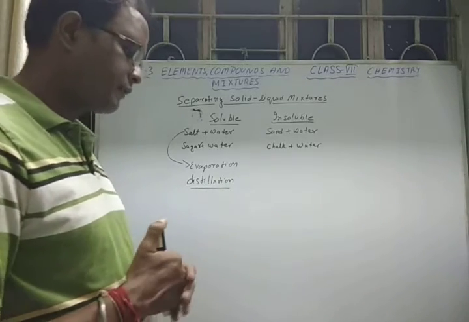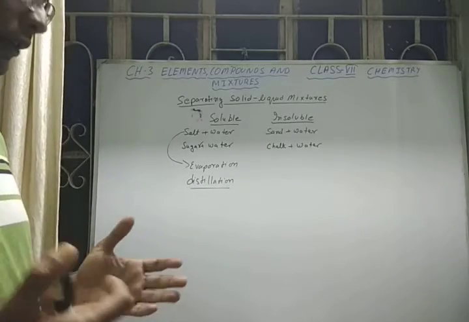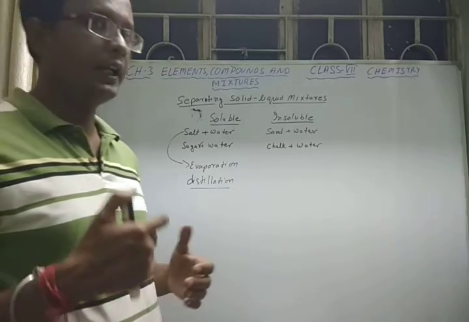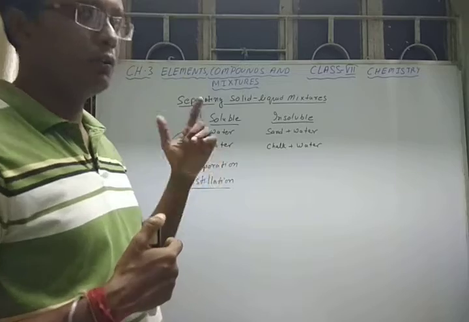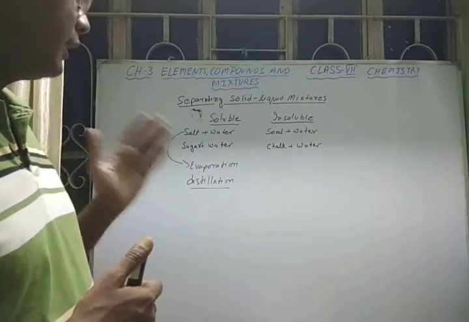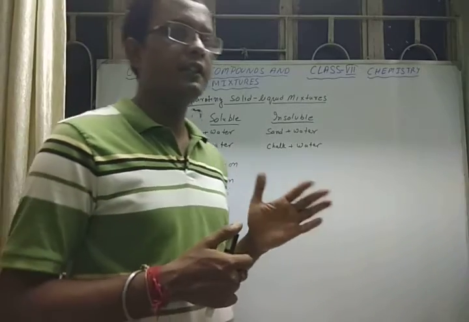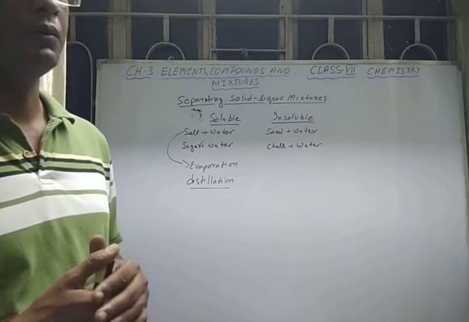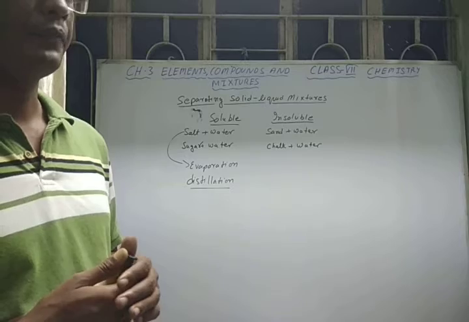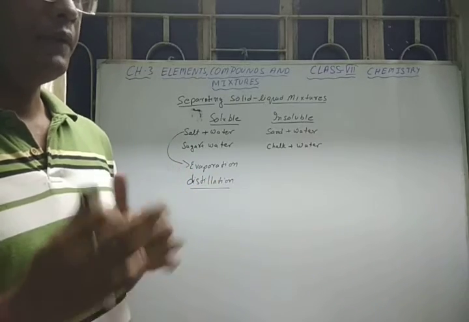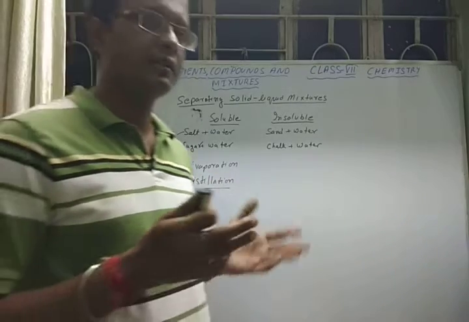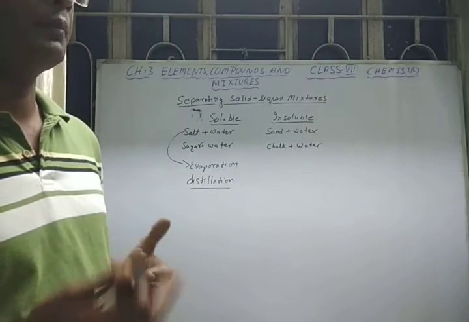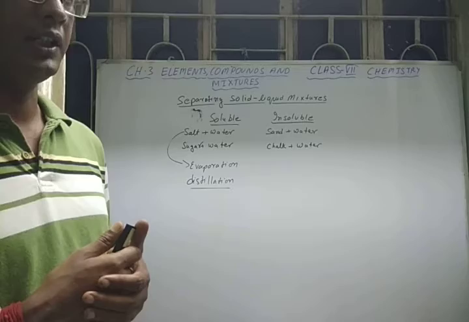It is a method of separating liquid from the soluble component, first by converting liquid into vapor, then again this vapor condenses to form water. So here we can do both the evaporation process and the condensation process in this method of distillation.